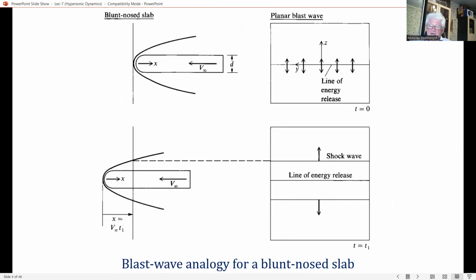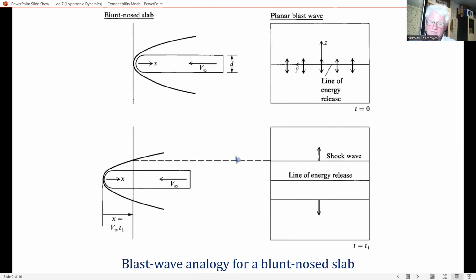Here, the blunt nose, in blasting through the vertical YZ plane, represents a concentrated line of energy release, which drives planar shock waves in both the upward and downward directions, as sketched on the right part of this figure.